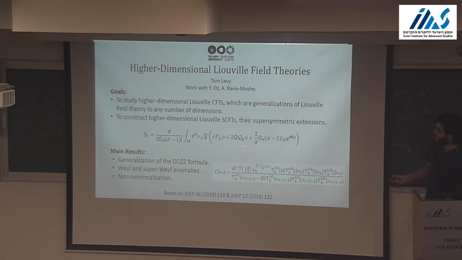So this is the action for higher dimensional Liouville CFT. Phi is the Liouville field, and it has a kinetic term, a background charge term, and an exponential interaction. The dimensionless parameters in this action are the background charge, the cosmological constant, and b that appears in the exponent.